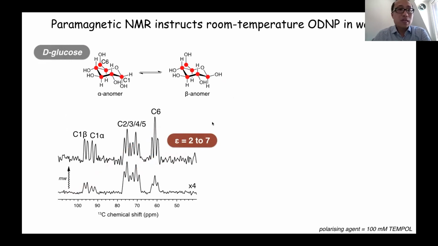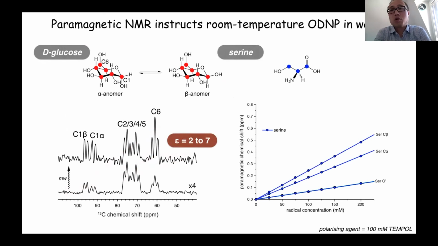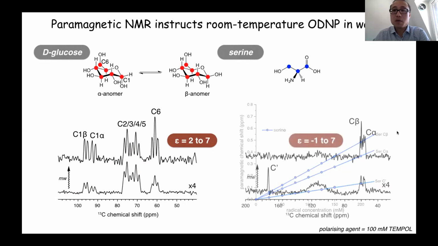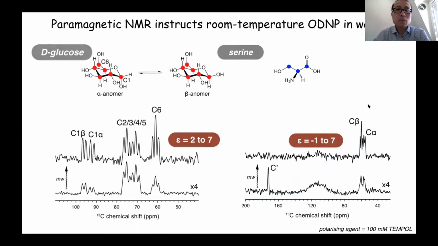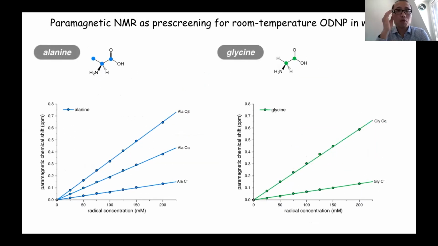And again, we were further encouraged to explore other water-soluble small biological molecules, for example, water-soluble amino acids. For serine, for example, we can also do this titration, and the paramagnetic NMR shift informs the DNP performance again. And as you can see here, the aliphatic carbons are quite enhanced. So this can be expanded to other water-soluble small molecules like alanine and glycine.